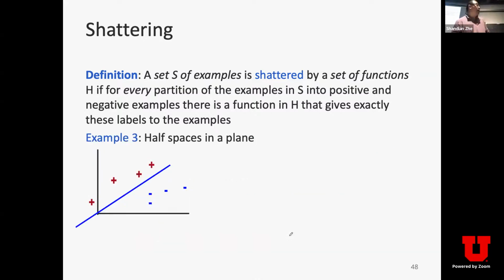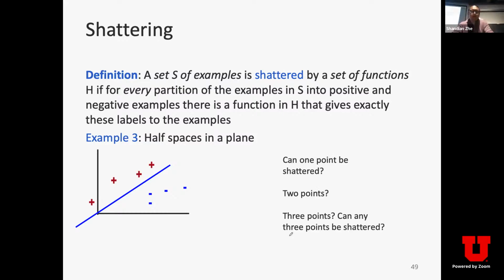Then let us try to look at an even more flexible hypothesis space, which is called linear classifiers or half spaces. In the plane, we call linear classifiers half spaces. It just means that the classification boundary is going to partition the whole space into 2 half spaces.